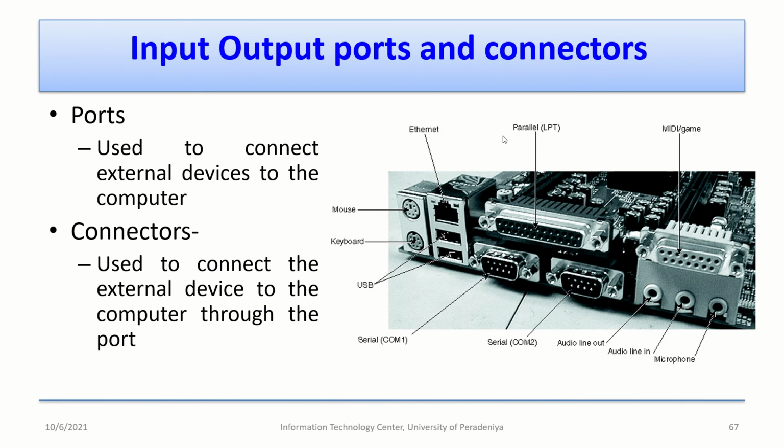These are the main ports that we have: Ethernet port, parallel port, game ports, microphone and line in audio ports, the serial ports COM1 and COM2, USB ports, and PS2 ports, which are the PS2 mouse and keyboard ports.